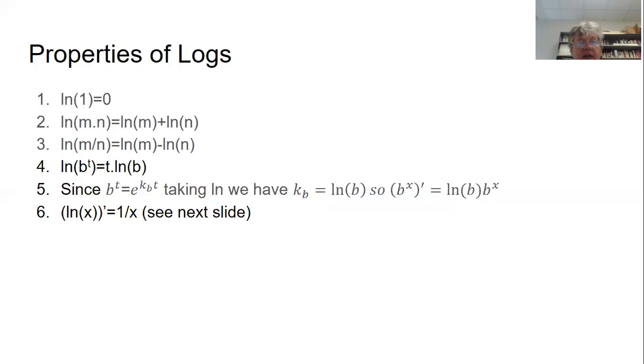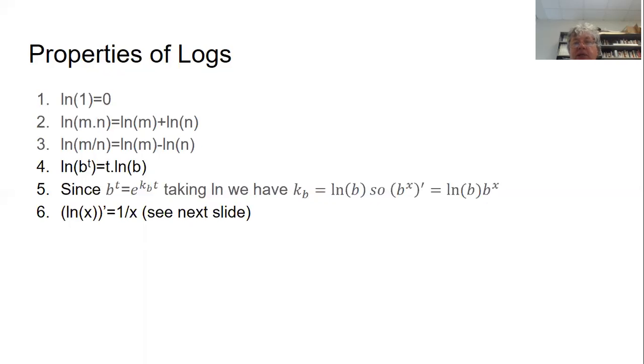So if we take logs of both sides, on the left-hand side, we get t times ln of b, and on the right-hand side, we get, well, ln of an e to something is just the exponent. We get k sub b times t, divide by t, we see k sub b equals ln of b. So we can add to our differentiation formulas.